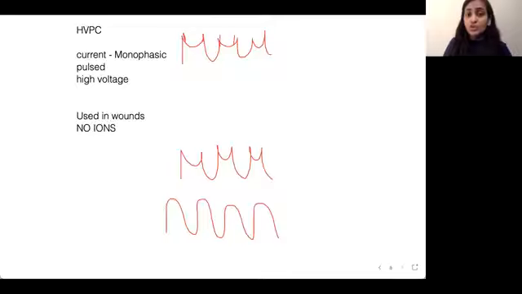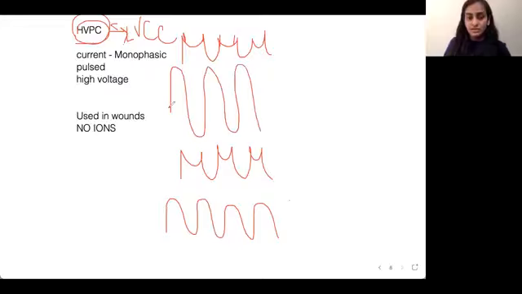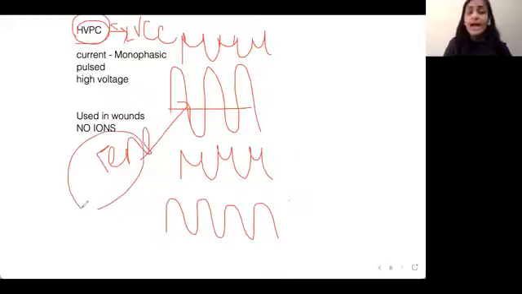That is why the two currents that we give for wound healing are HVPC and LVCC, low voltage continuous current, which are preferred for wound healing. Which are the biphasic currents? Your TENS. TENS is a biphasic current. So you can use biphasic also for wound healing, but which one has more effect? If you have an option for monophasic, always pick monophasic current as your better answer for wound healing.